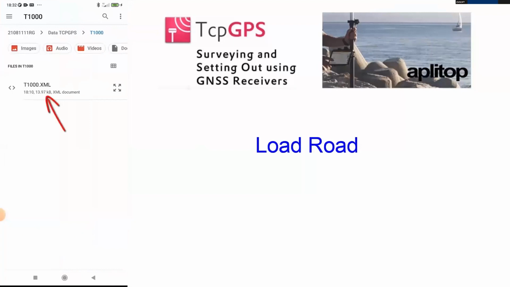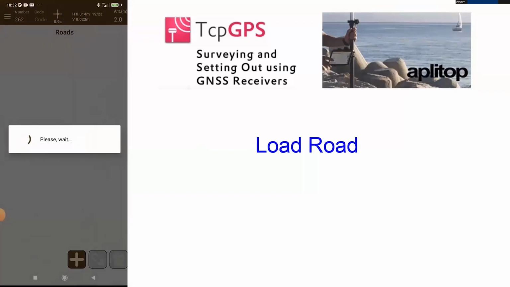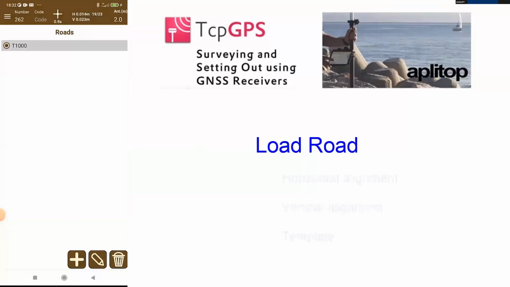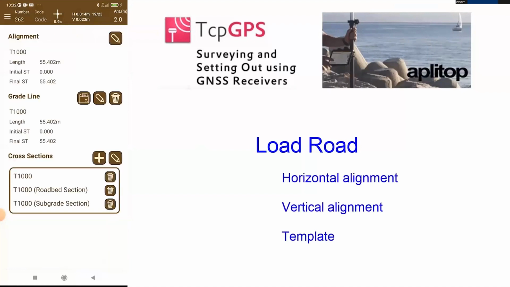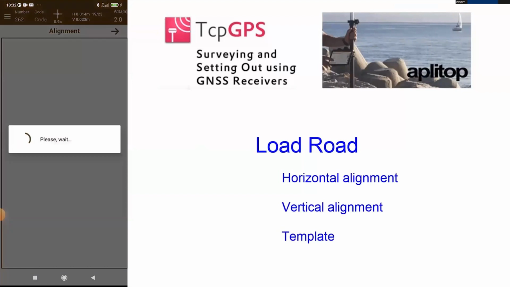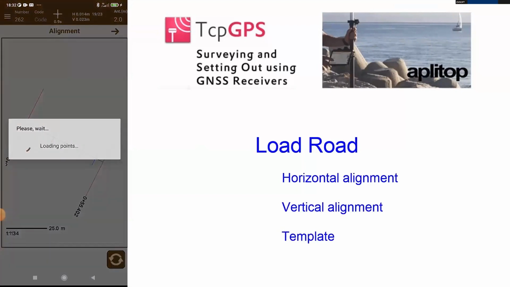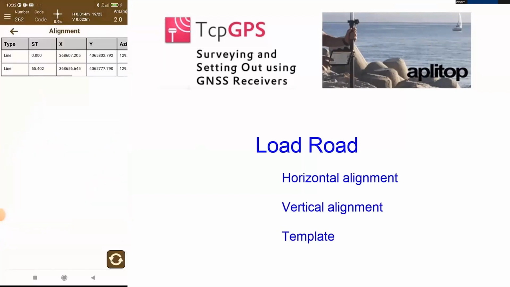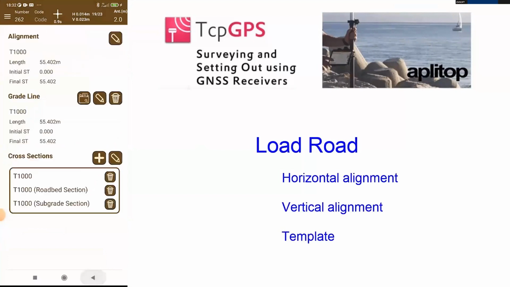In this case, we are going to import our design, a road, T1000. We can review the horizontal alignment or the vertical alignment to check the information. And I think the most important thing is to check the cross section that we are going to stake out.